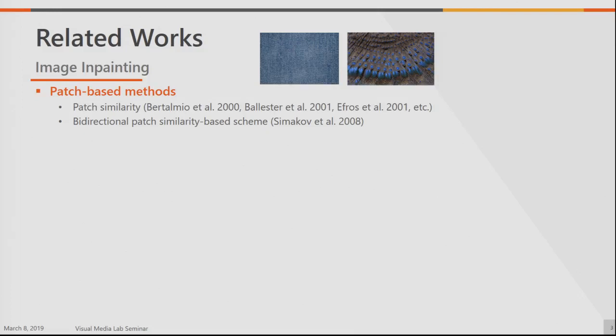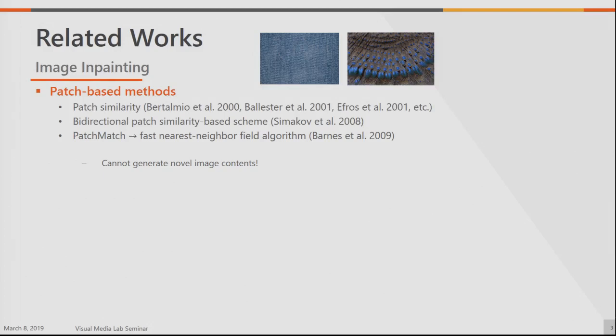And then this time problem was solved by Barnes et al. in PatchMatch, where they use a fast nearest neighbor field algorithm, which works much faster but still has very good results. The problem, however, with all of these patch-based methods is that they cannot generate novel image contents.